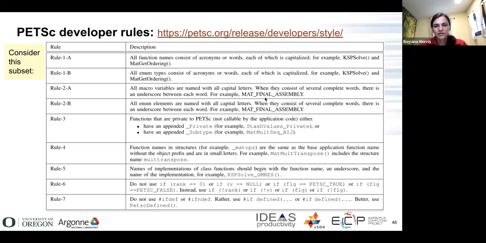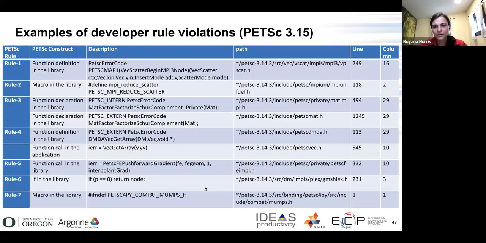And they're mostly syntactic: variables and macros. Macros should be capitalized. There should be underscores between different words, etc. You should never compare rank to 0 in MPI codes and so on. So pretty simple, but Clang Tidy and other tools don't know what to do with that, don't check for these things. So we implemented some very simple LibTooling-based checking for these.